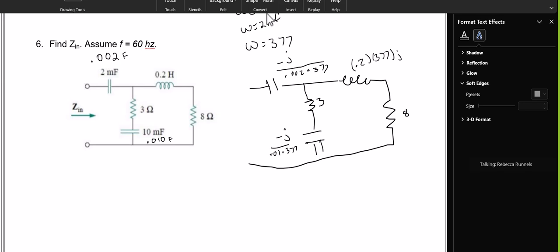So this becomes minus J 1.326, and this becomes J 75.4.